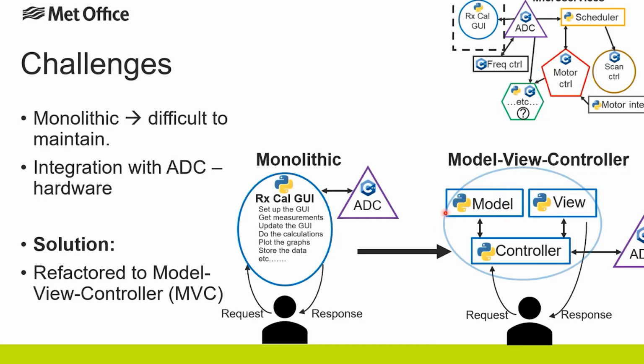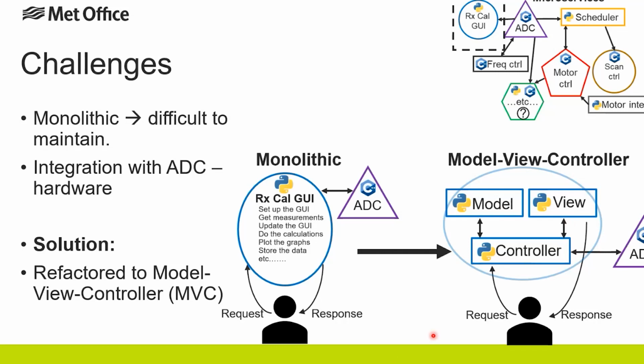The model contains anything that's related to the data, so the model will be storing the data, doing all the calculations, doing the verification, for example. The view is what the user interacts with, so the user is responding to the view. That's the visual representation of the GUI. And then the controller facilitates any communication across the application and acts as an interface in between the model and the view.